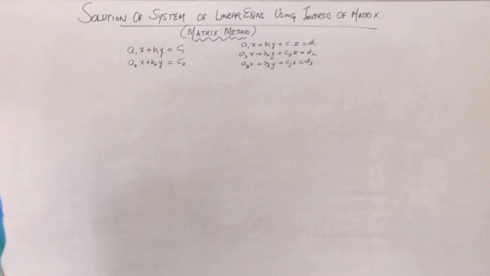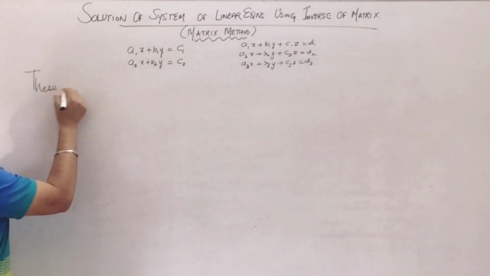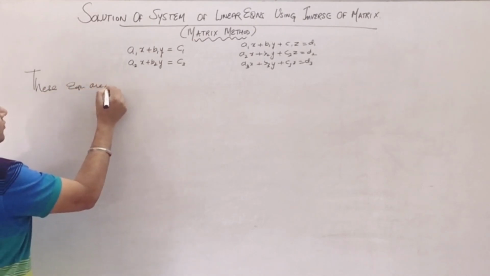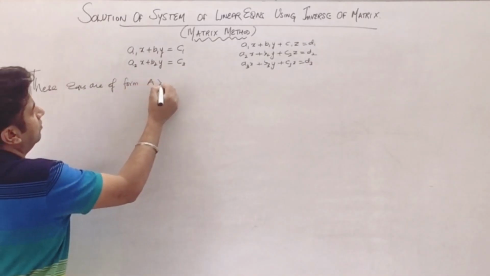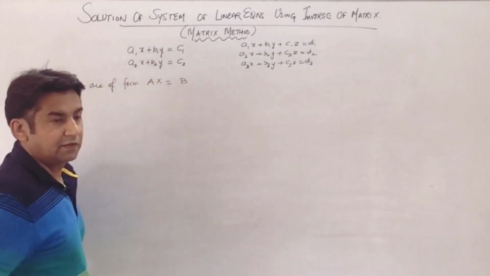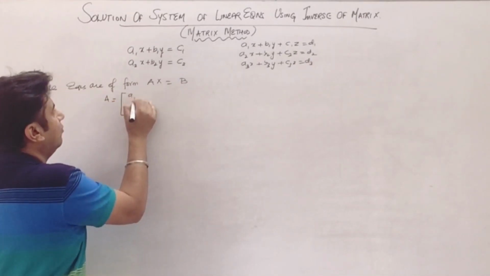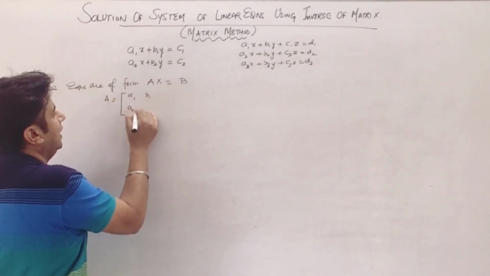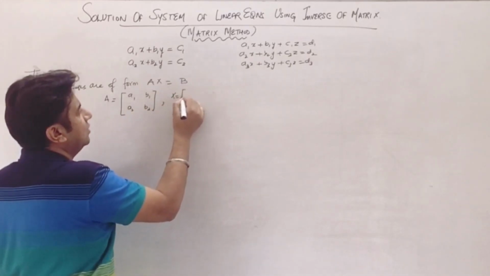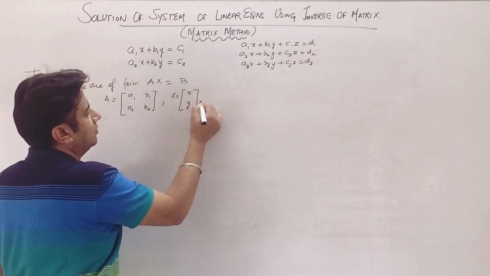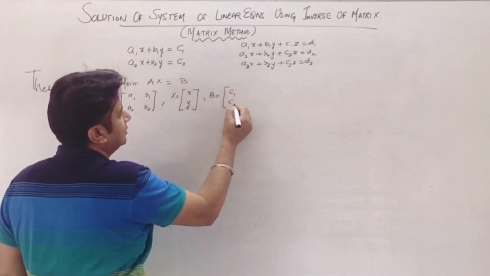In both the cases, you will write these equations in the form AX is equal to B. Here A is a1, b1, a2, b2, and X is the variables involved, x comma y, and B is c1, c2.